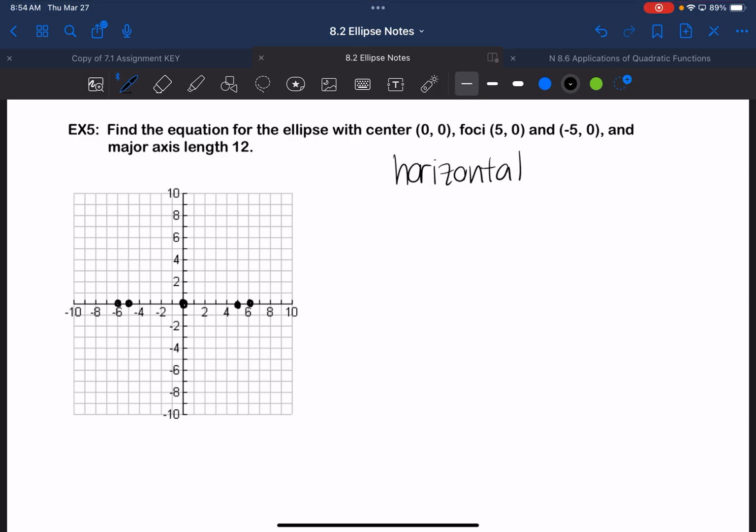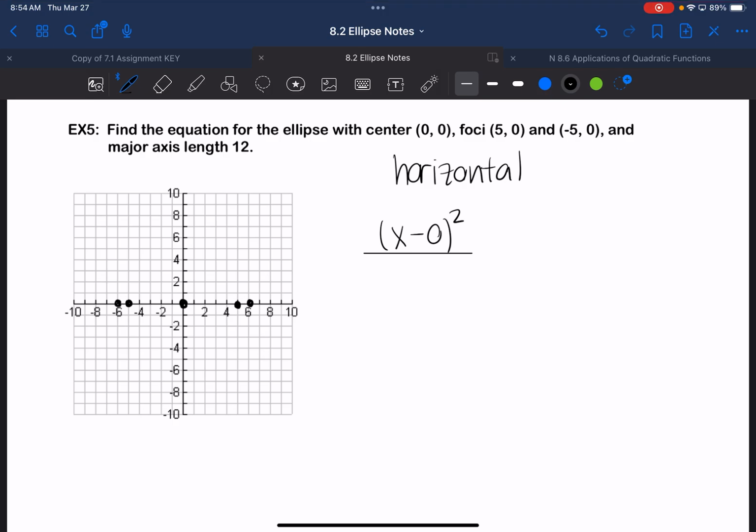All right, so let's go ahead and write what we can for the equation here. Okay, so we know it should be x minus h, but we didn't shift left or right any, so 0, right? Squared over a squared. Well, our a value, we said we went how far in each direction for a? 6.